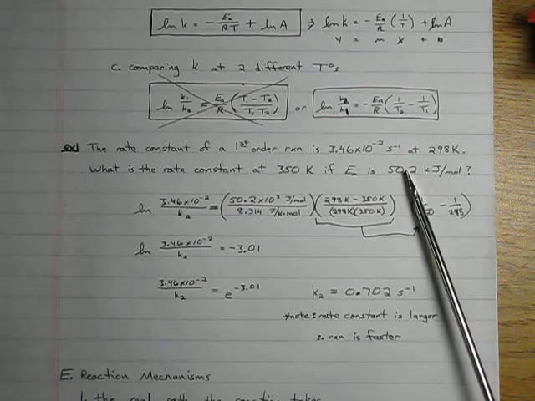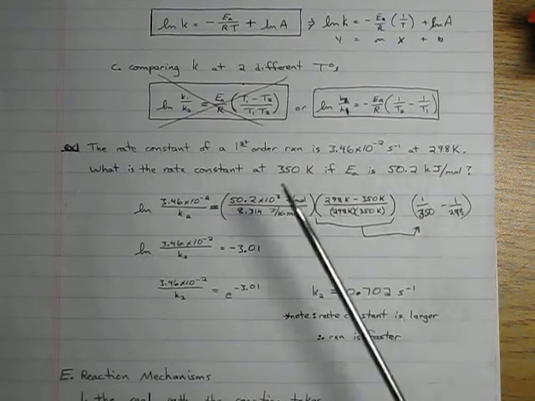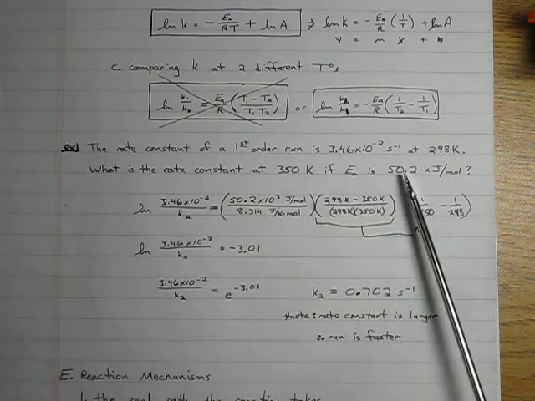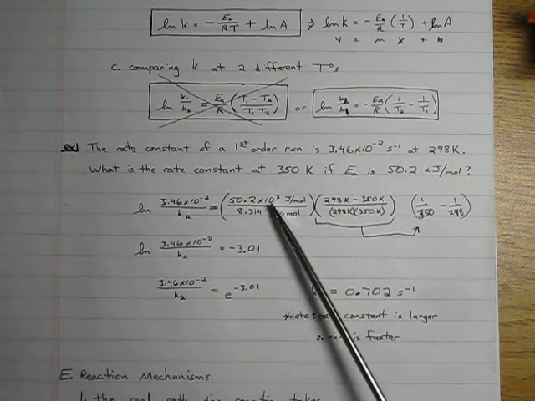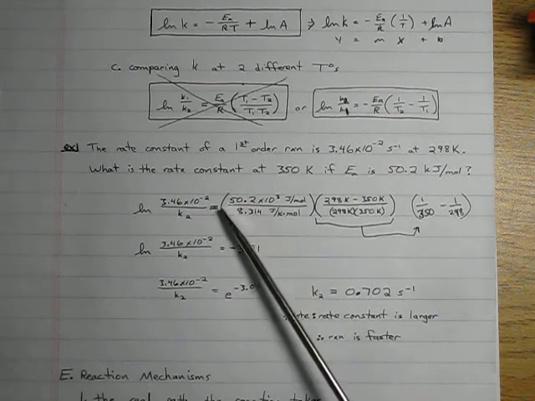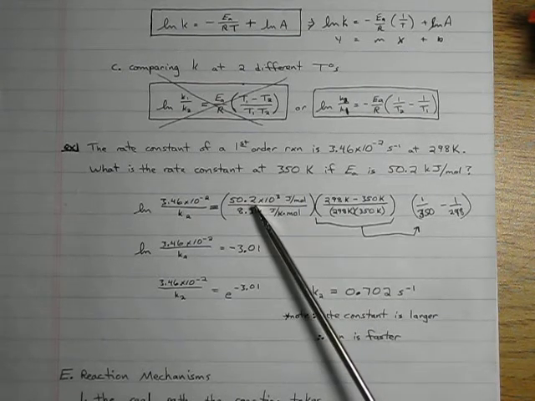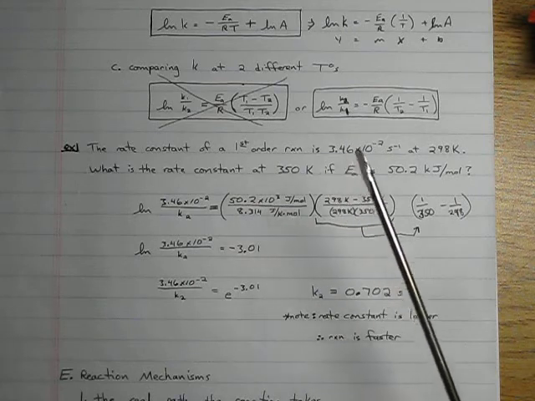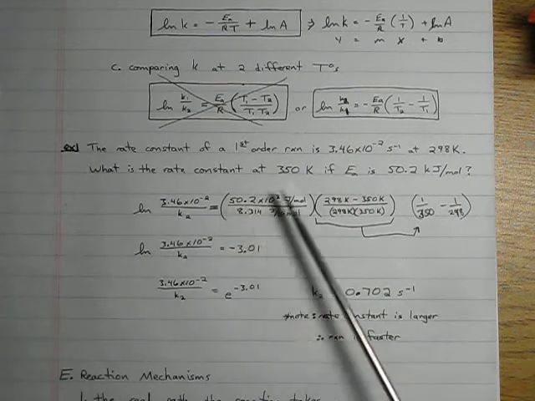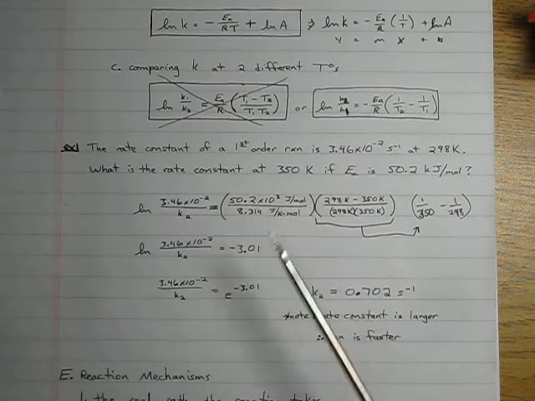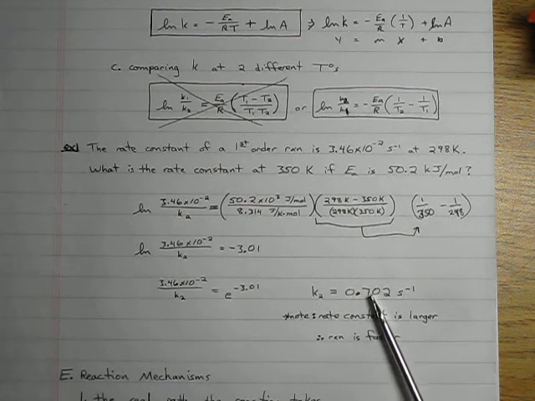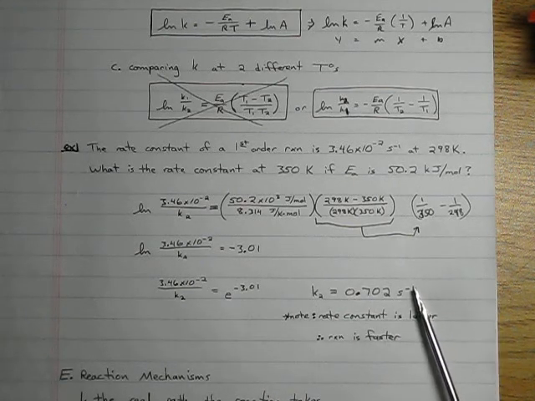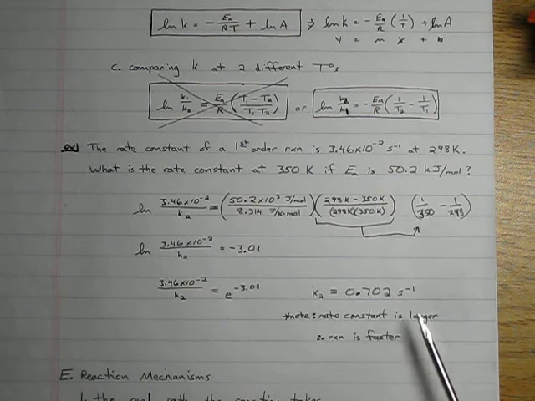Take the decimal place and move it 3 places over. So this 50.2 kilojoules is 50.2 times 10 to the third joules. Now that's not scientific notation, but if you put it in your calculator, you'll get the right answer. You work it out, make sure you get rid of the logs with e, and you get k2 equals 0.702 per second. A larger rate constant means the reaction is faster.